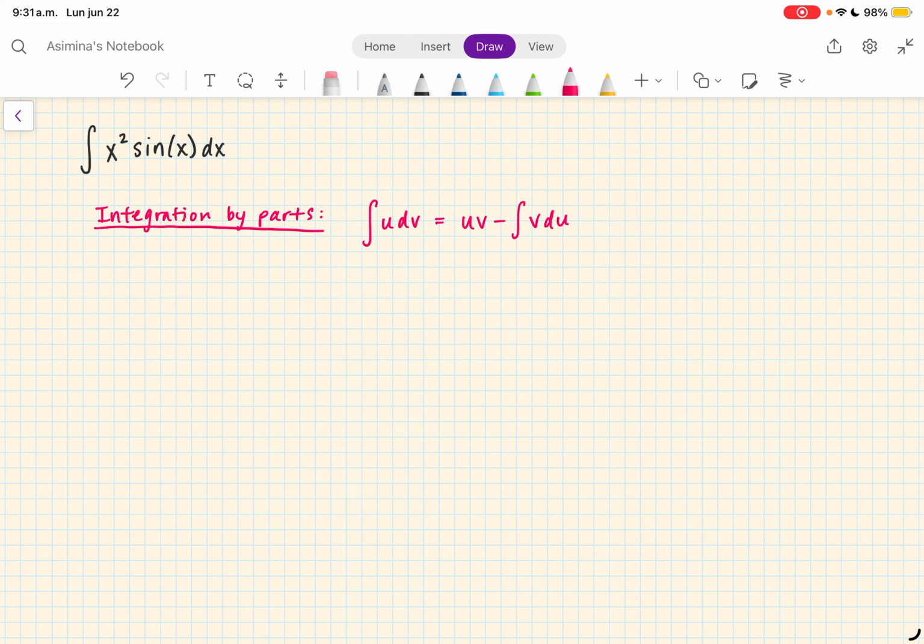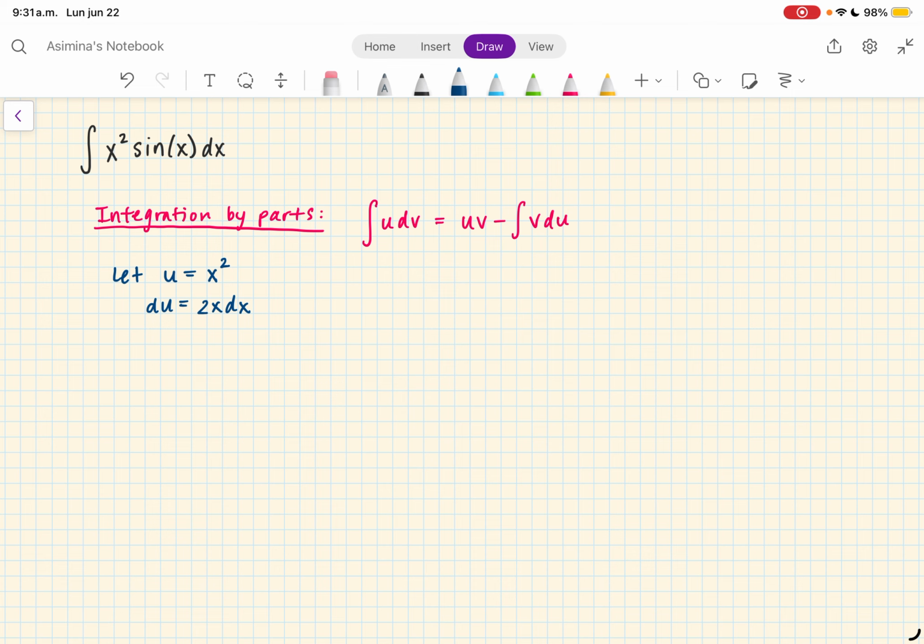So what do we have to do now? Well, looking at our integral, we have to find which part we're going to set as u and what part we're going to set as dv. So I'm going to let u be x squared. So if u is x squared, then du is 2x dx.